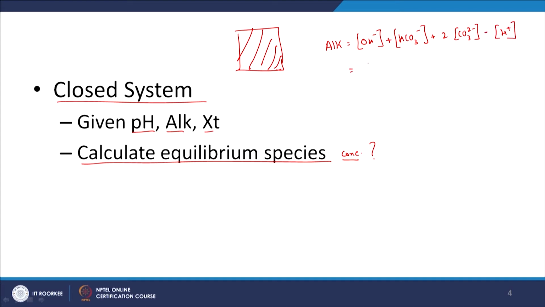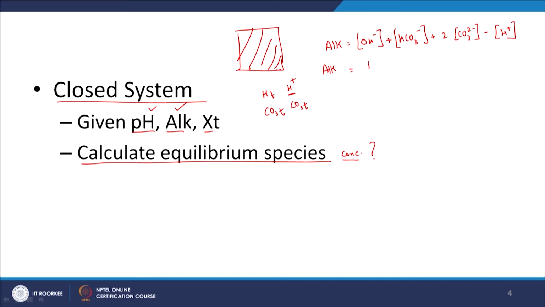And how can we simplify this further? Let's say we are trying to express everything in terms of variables such that we can end up with H total and CO3 total. So I need them in terms of H plus and CO3 total, right. So let's see how I can transform that. Alkalinity is given in our particular case, and pH is given, so I want to express in terms of H plus.